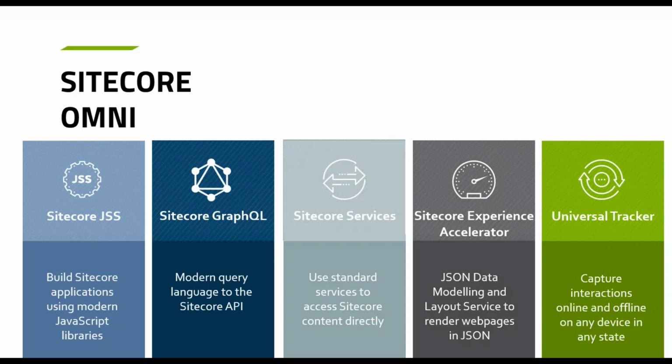Next, we have Sitecore Experience Accelerator. So beyond just helping you build pages faster and smarter, it also contains some API-level modeling for JSON data and a layout service API.